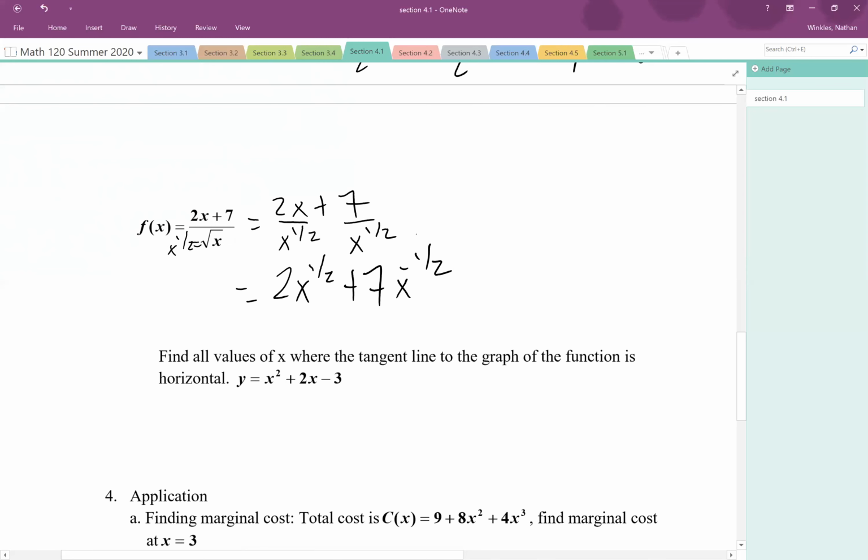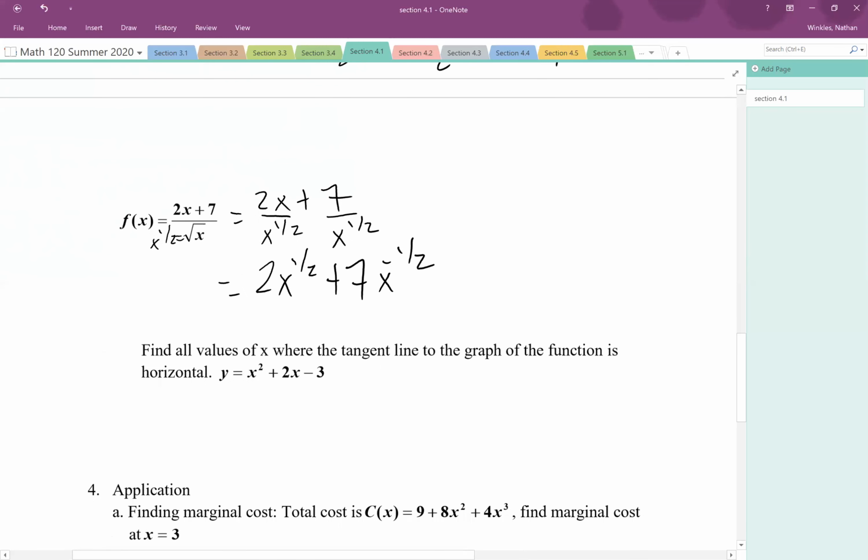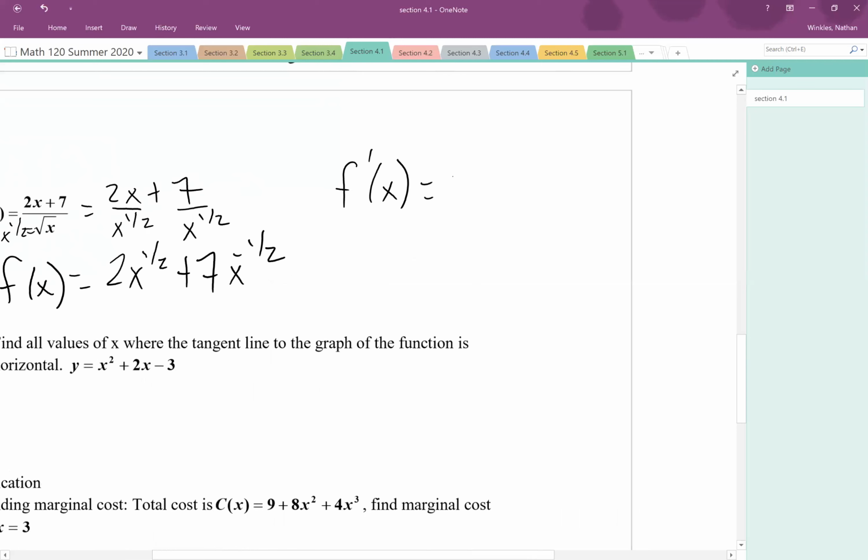I have not taken a derivative yet. This is still my f of x. I'm just rewriting it in a different way to make it easier. So if we were to take its derivative now, we would have 2 times 1/2 x to the negative 1/2 plus 7 times negative 1/2 x to the negative 3/2.